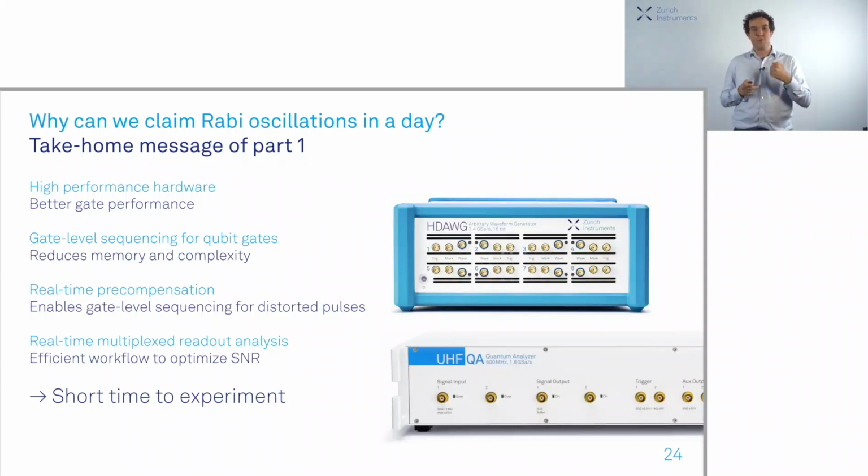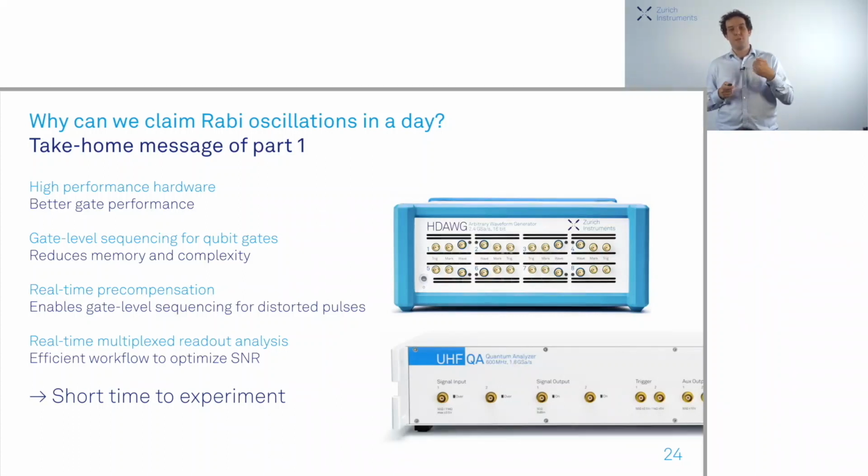Before we go to the next part, we ask the question, okay, why can we claim Rabi oscillations in a day? The take-home message in this part is that we've shown how we can reach better gate performances by really pushing the performance of the basic, or the hard specs, of the instruments to the limit.